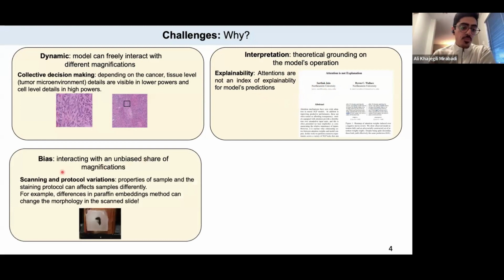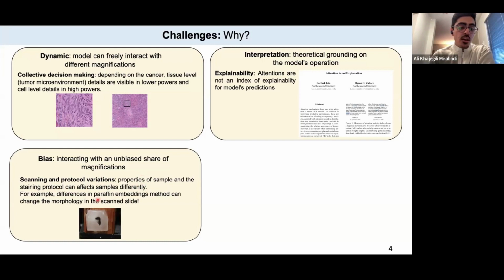The third challenge is being unbiased, which means that the model should interact with an unbiased share of magnification. The reason is that scanning and different protocols in different hospitals can change the sample. And I'm not talking about the staining, I'm talking about other protocols.